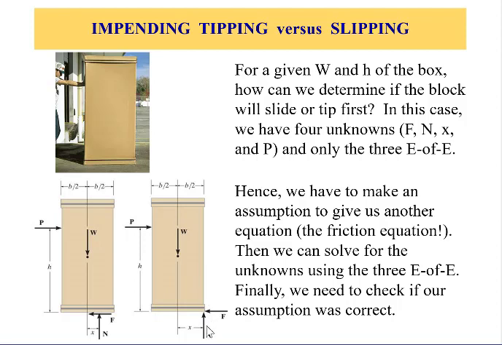Now the amount of friction force here must not exceed the maximum static friction force, because if it does, then the object is not tipping. On the left-hand side, x must not exceed b/2, because if it does, it means that the object will be tipping. Let's take an example and explain this in more detail.